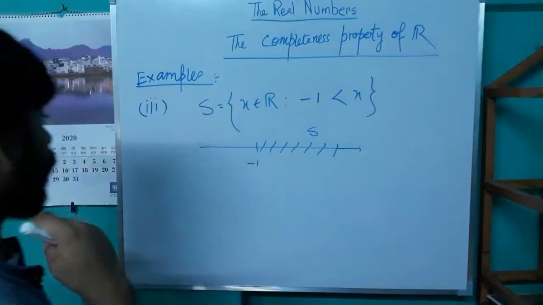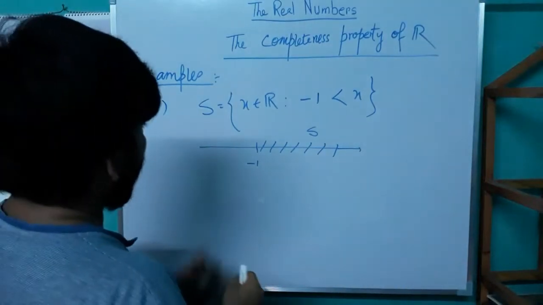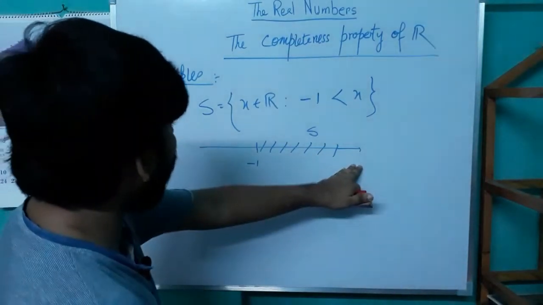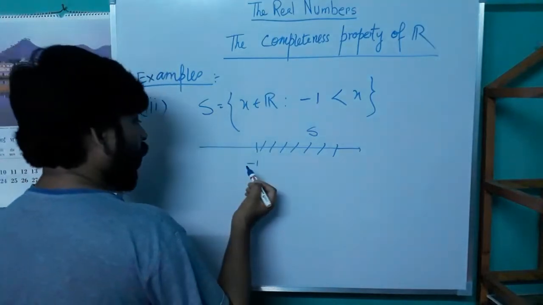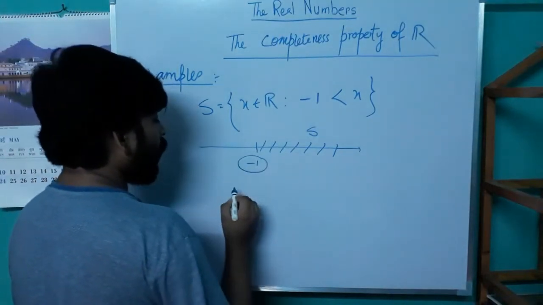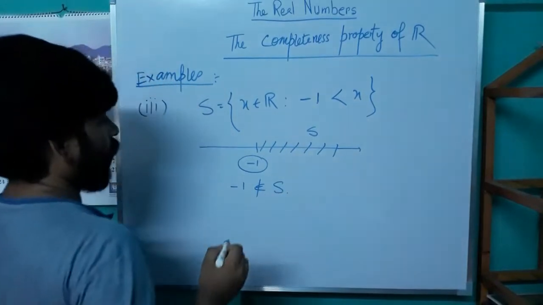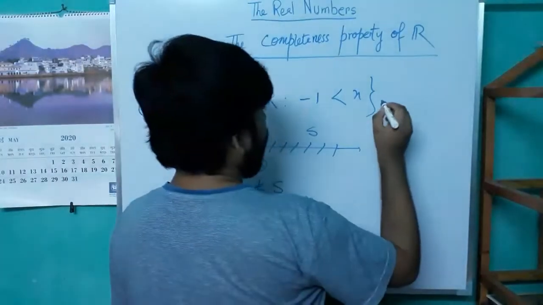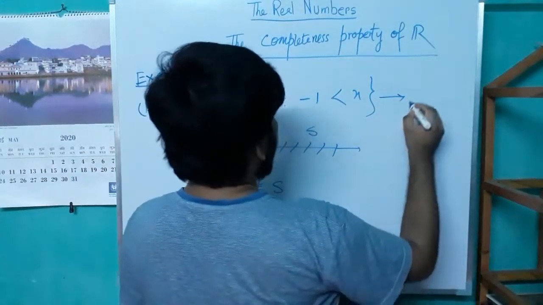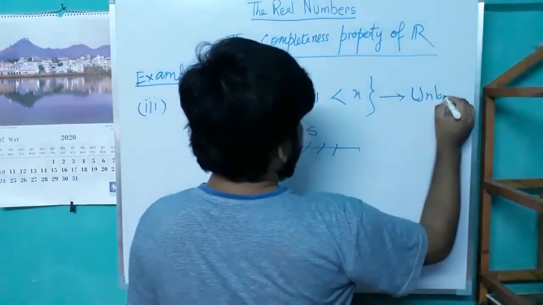Obviously the set is bounded below but unbounded above, but here -1 is the lower bound and -1 does not belong to the set S. Okay, so this is an example of an unbounded set.